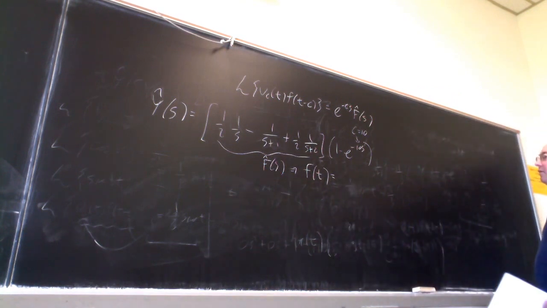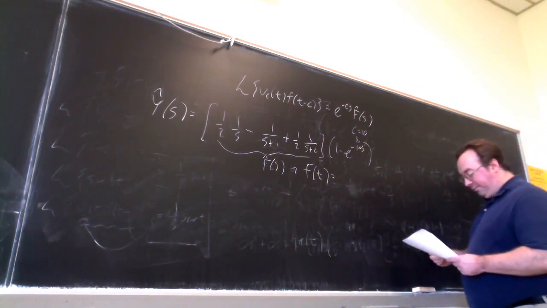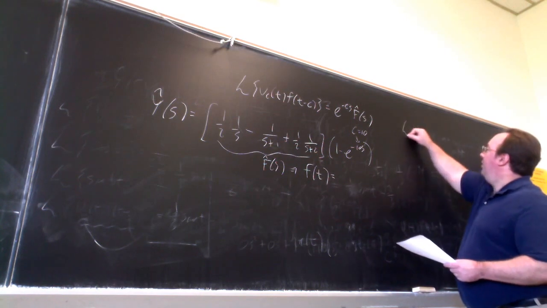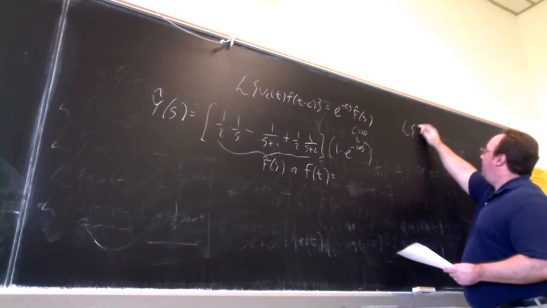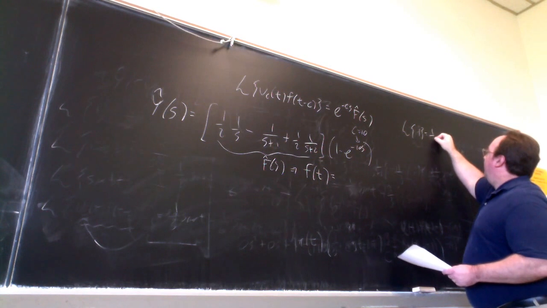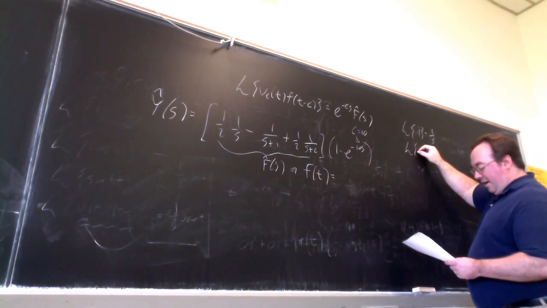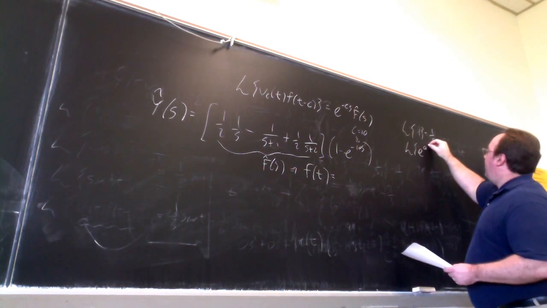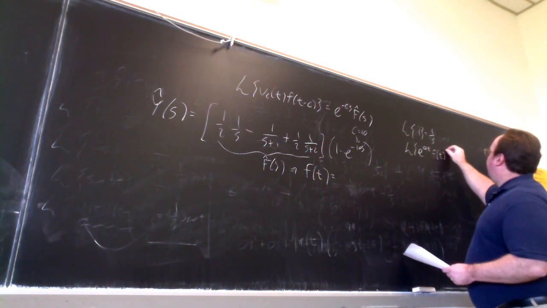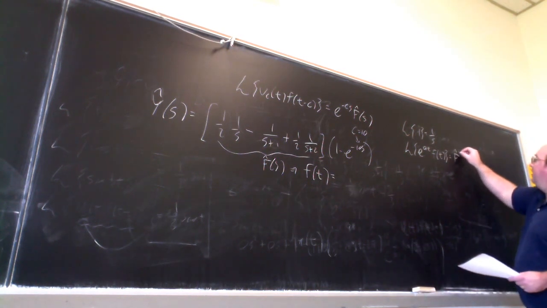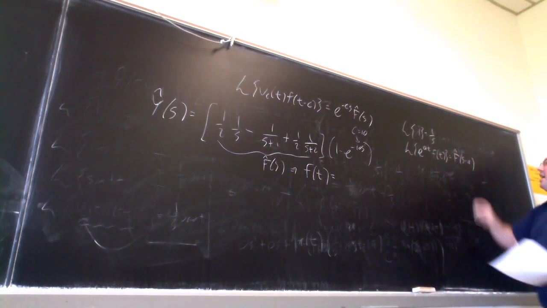Now, the other rule that you'll need for this problem is, of course, the one we've been using already. Laplace transform of 1 is 1 over s. Laplace transform of e to the at f of t is f hat of s minus a.